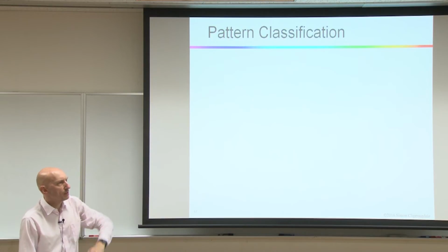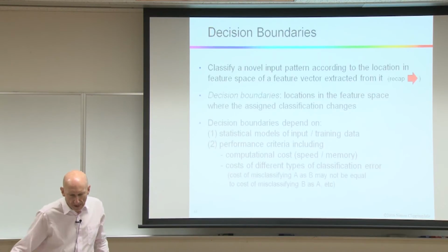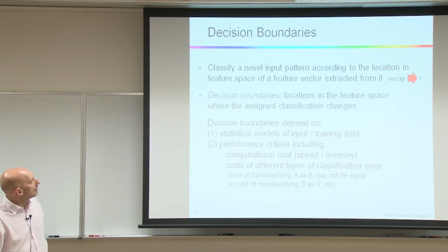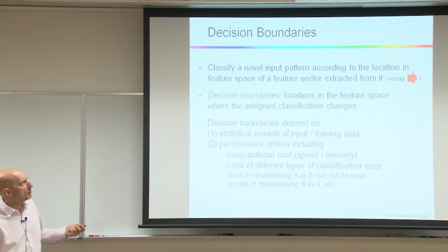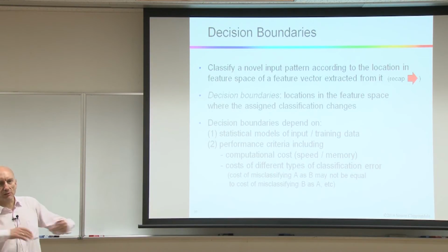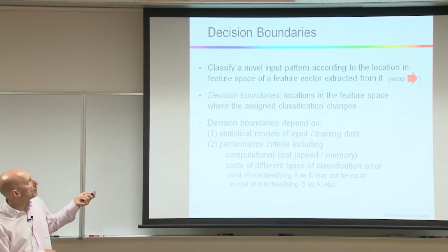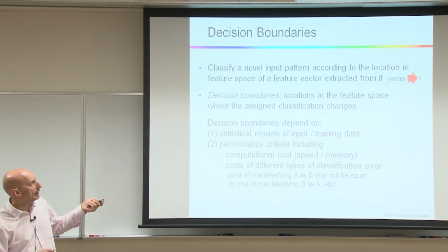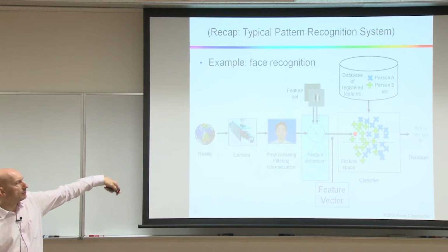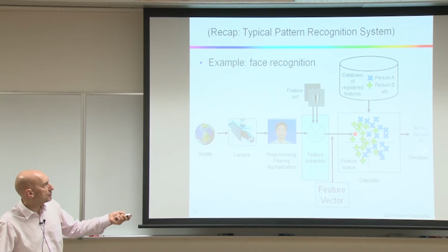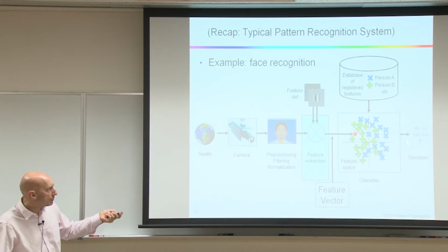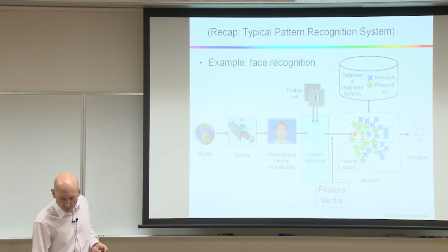We'll just get a bit into pattern classification. We said that the idea of a typical pattern recognition system is to classify a novel input pattern, having extracted features from it. We're going to look at the space of these features and look at where the feature vector that we've extracted lands in the space. Here's that face recognition example again. Here's our feature space, and we're going to try and classify this novel feature vector by where it lands relative to the other training examples in that space.